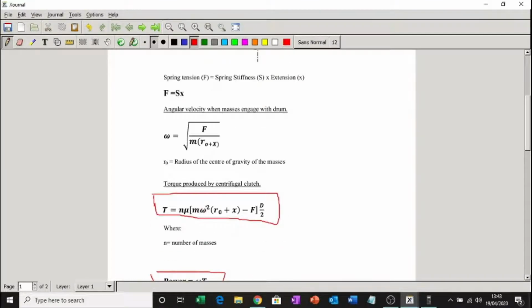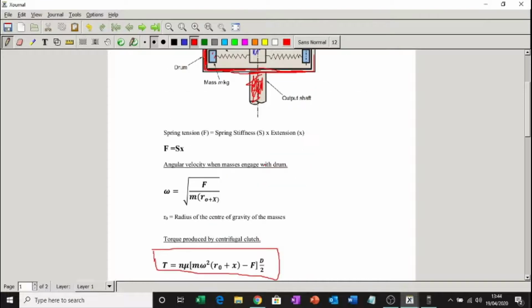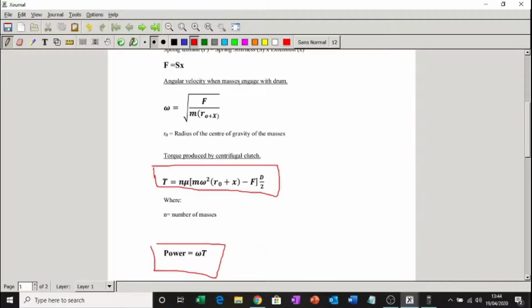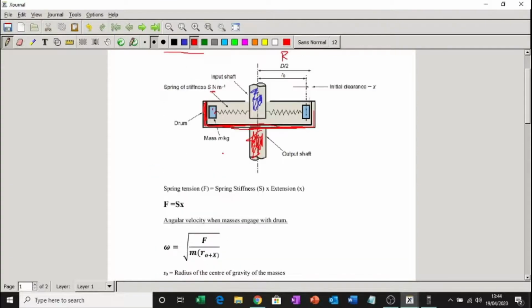This omega is just an angular velocity at a certain speed. These two are just these two here. F is the force, the spring tension, which we can work out, and D is diameter, and 2 is just 2. So we can work out torque, we can work out angular velocities, because this thing will engage at a certain angular velocity. And we can work out power.